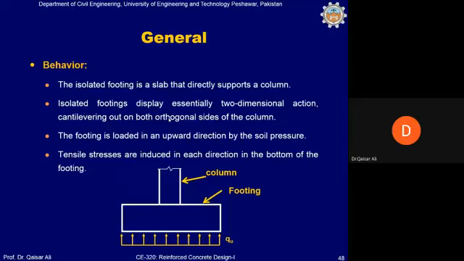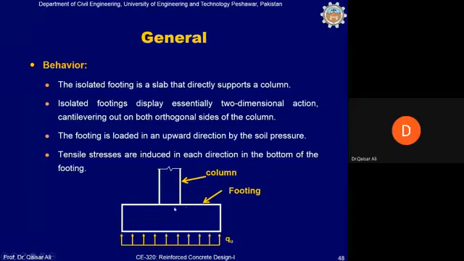The behavior of isolated footing is like a slab that directly supports a column. An isolated footing displays essentially two-dimensional action, cantilevering out in both orthogonal sides of the column, unlike wall footing. If you remember, the wall footing basically displays one-dimensional action because it is very long in one direction and short in the other.